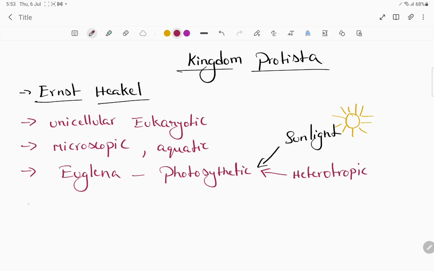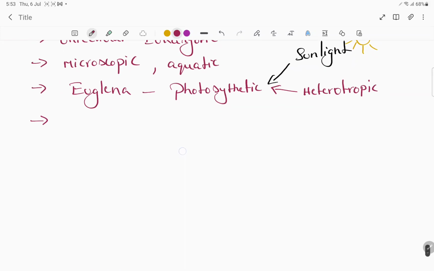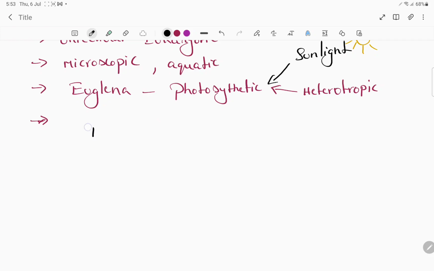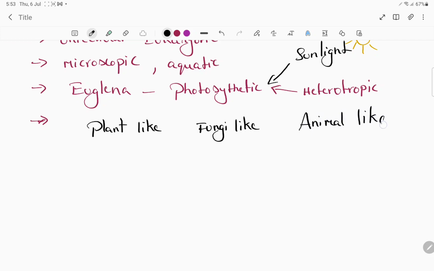If you see in the Protista itself, we have majorly 3 categories. Let me make it easy: plant like, fungi like, animal like protist. Coming to the plant like protist, we have chrysophytes.